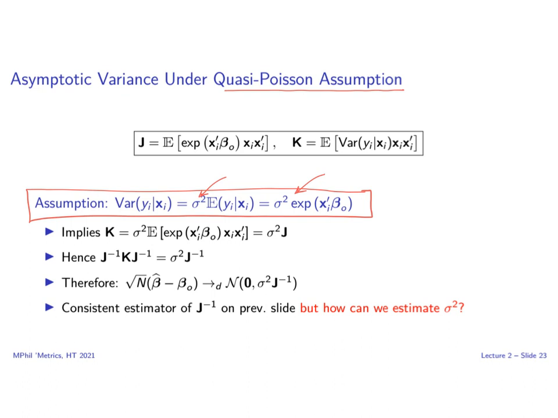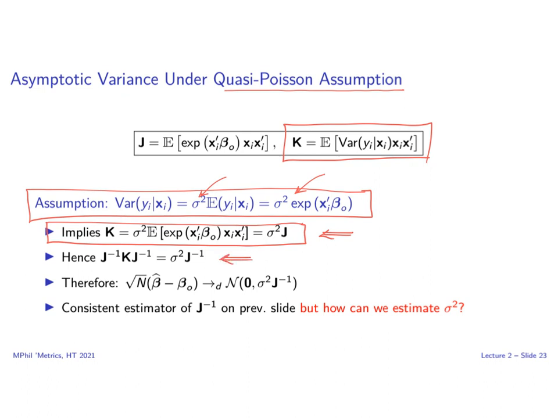Substituting into our expression for k at the top of the slide, this implies that k is equal to sigma squared J, and therefore substituting into our key theorem for conditional maximum likelihood estimation, we find that the asymptotic variance matrix J inverse K J inverse that obtains when we do not assume that the model is correctly specified simplifies to sigma squared J inverse.